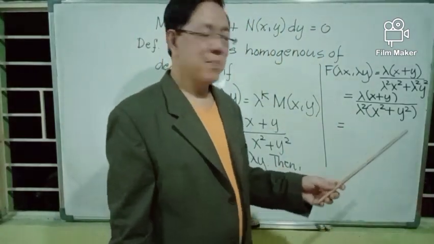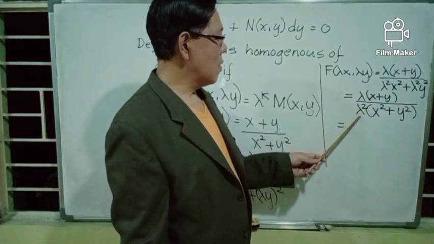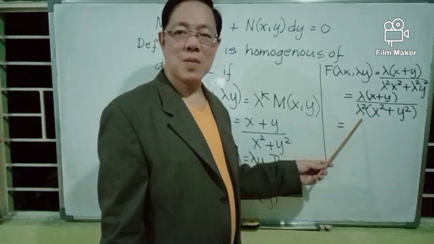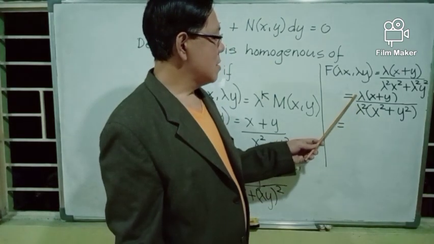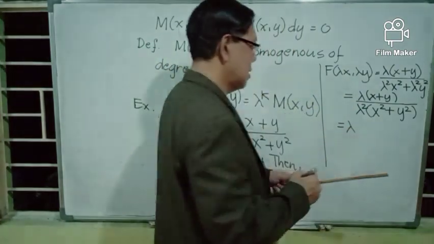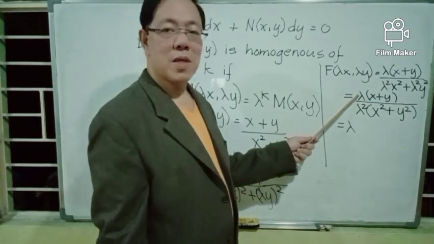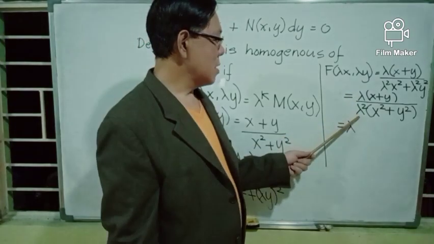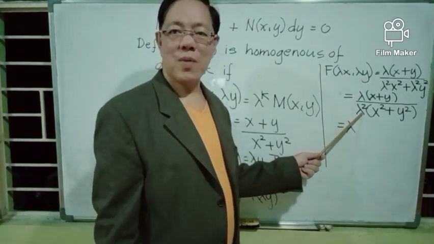We further simplify lambda over lambda squared by the property of exponents. The exponent of lambda in the numerator is 1. In the denominator, the exponent of lambda is 2.